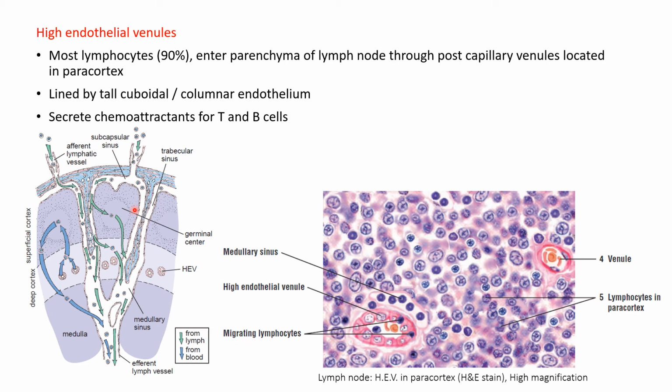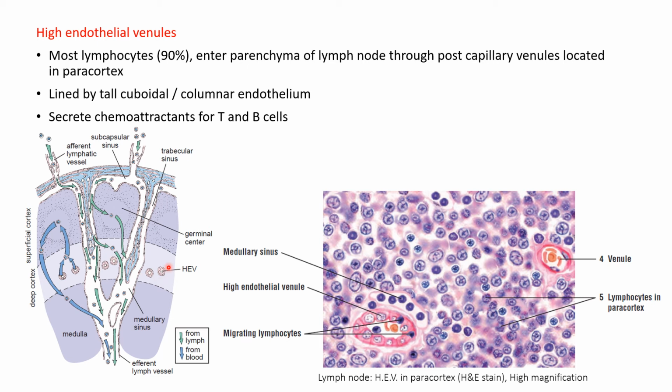However, roughly 90% of the lymphocytes that enter the parenchyma of the lymph node enter through the walls of the post-capillary venules that are located in the deep portions of the cortex, that is the paracortex.